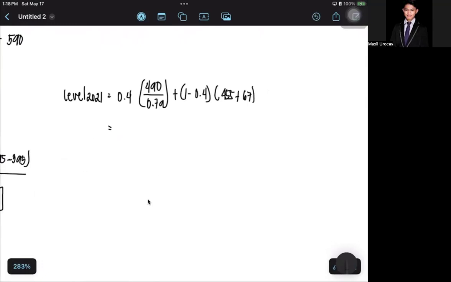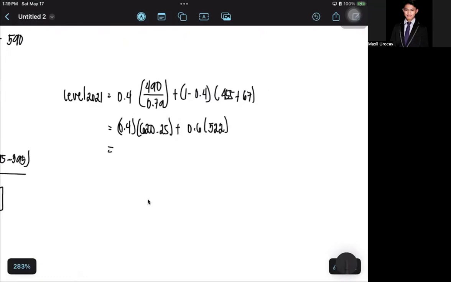First, 490 divided by 0.79 is 620.25, and 455 plus 67 is 522.